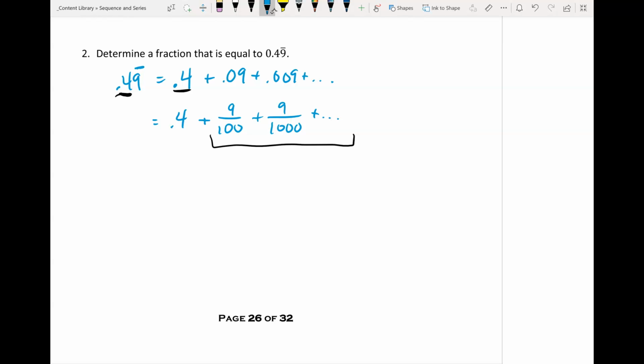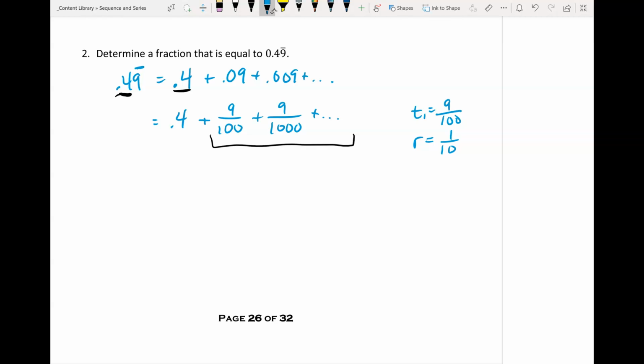I'm going to say that T1 is 9 over 100 as our first term, and our r is 1 over 10 because I would multiply 9 over 100 by 1 over 10 to get the next term, which is 9 over 1,000.